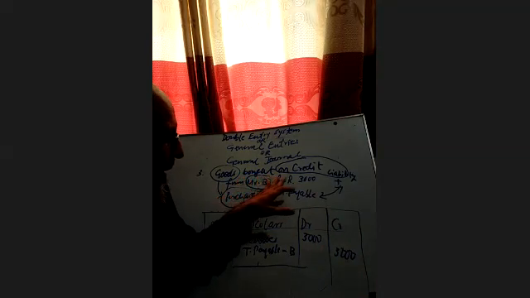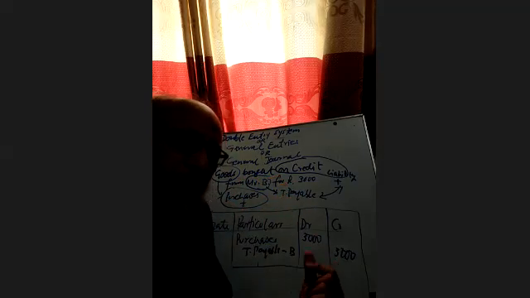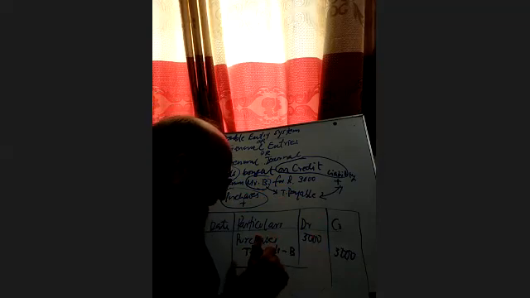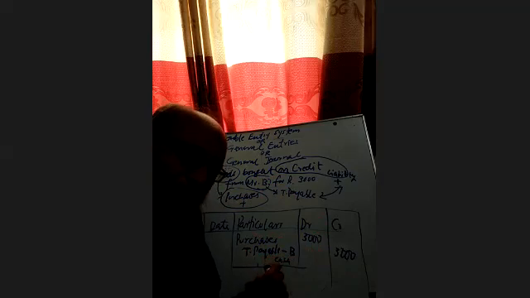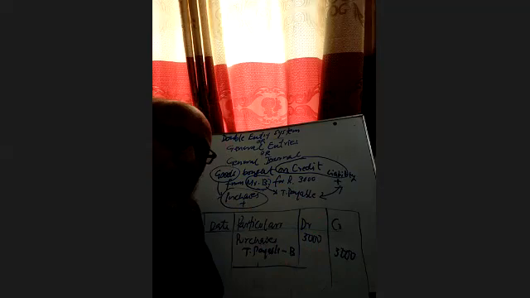Again, last time we bought goods for cash. So we said purchases debit and cash credit. Why? Because it was cash buying. You bought goods for cash, so cash decreased. But in this activity, you are not paying cash at the moment.